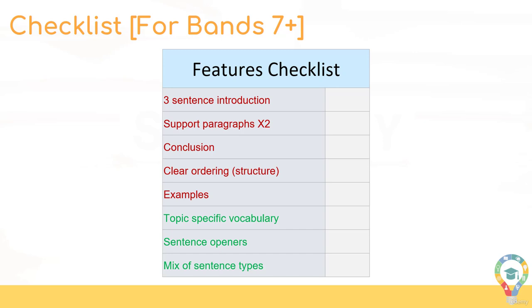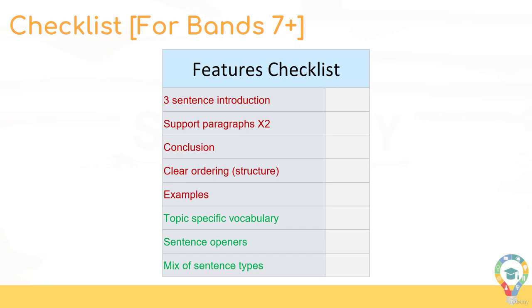We've also got clear ordering, which I mean structure. It means, are you clearly answering the question in your body paragraphs by discussing things in a logical order? And of course, we need to include examples in our Task 2 essay, and I'll be showing you how to do that in this lesson.